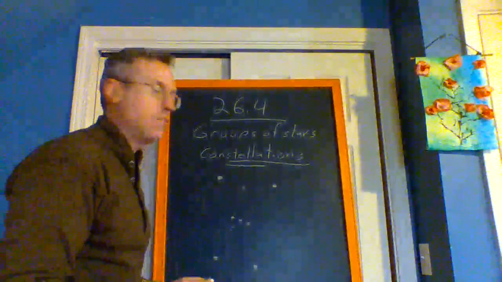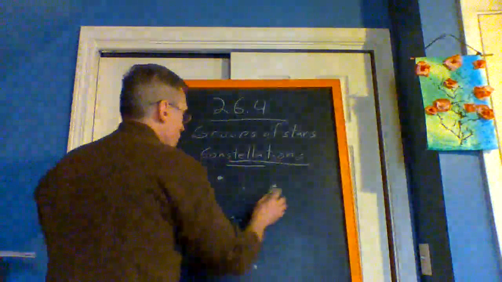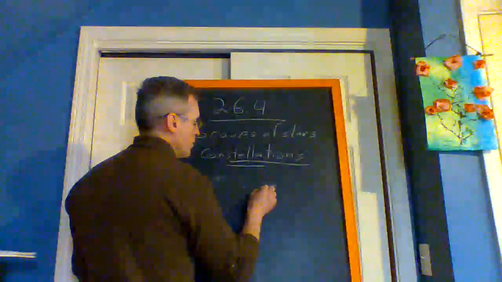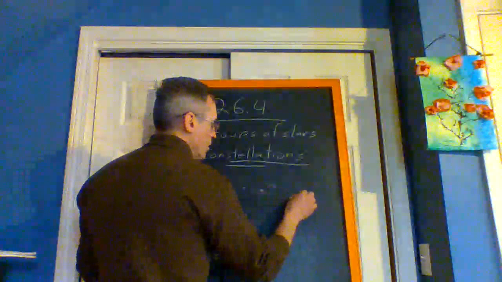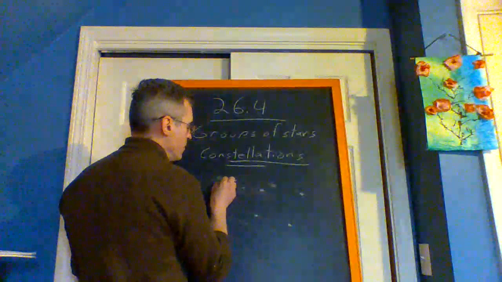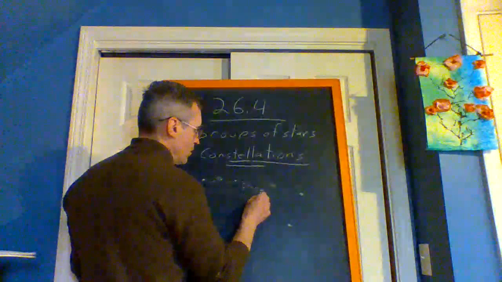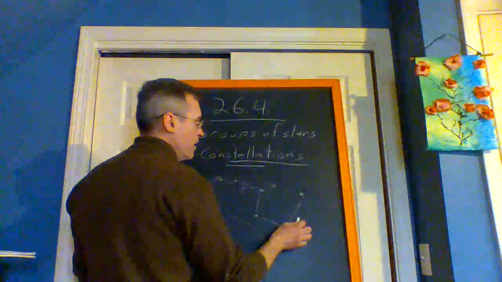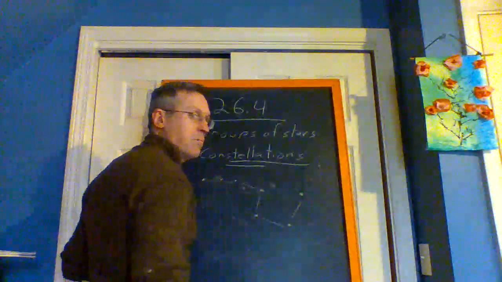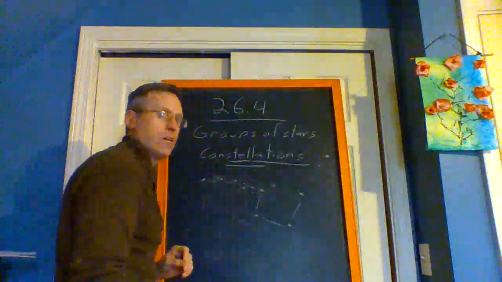Another constellation that we see in the sky that is very common is the Big Dipper, and it looks something like this. So you have your dipper, and then you have the handle of the dipper. It goes like that. These two stars are called the pointer stars, because if you look up and follow them with your eyes, they'll lead you to a bright star in the sky called Polaris.